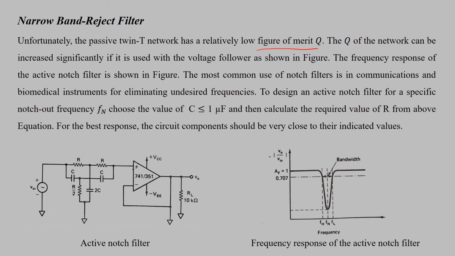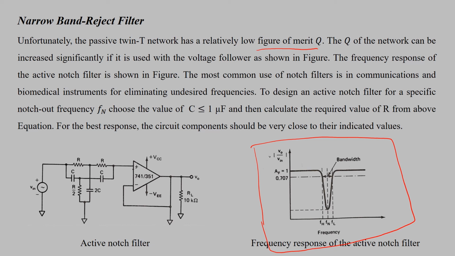The frequency response of the active notch filter is shown in this figure. The most common use of the notch filter in communication and biomedical instrumentation is for elimination of undesired frequencies, normally the 50 Hz frequency of the power line.